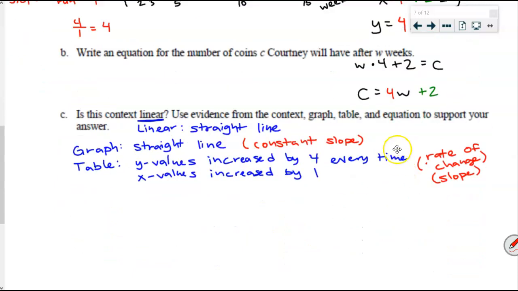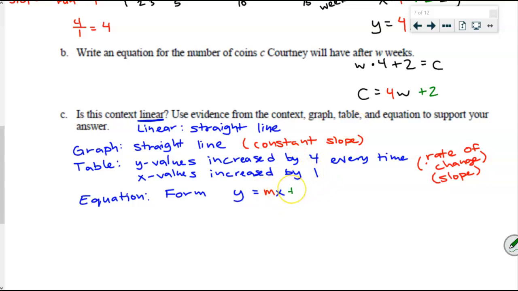Yeah. So one thing that you might remember from our last lesson, equations of linear relationships are always going to be in the format y is equal to some number multiplied by x, which we have.